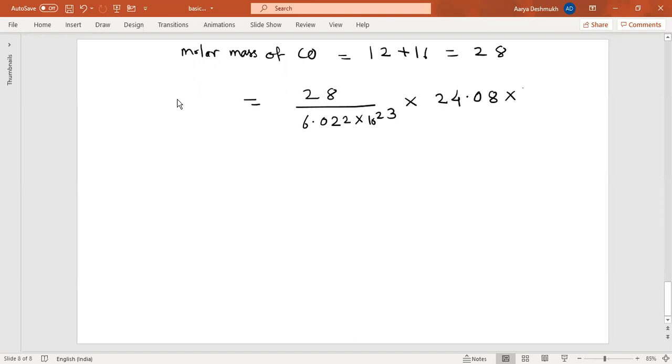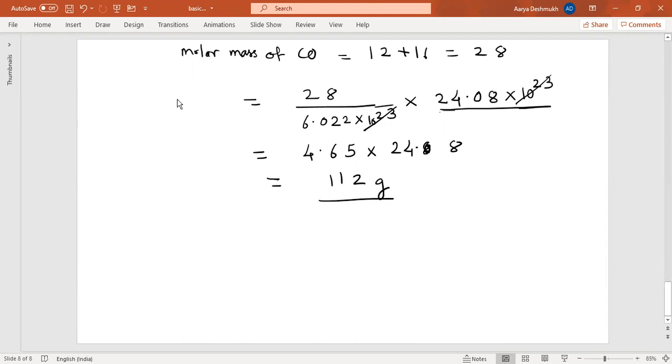It was found in carbon dioxide, this thing we got from the earlier information. So cancel out this. So that will give you 28 divided by 6.022. It is coming out to be 4.65 into 24.08, which is coming out to be 112 grams.